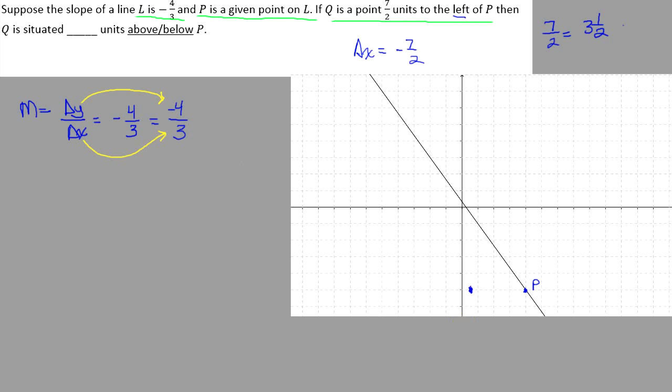Now what I'm going to do is draw a perpendicular line from that little point up through line L. And there it is. So that means that our point Q is going to be right about here.